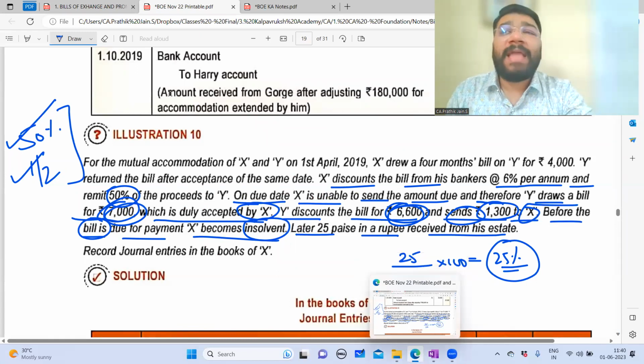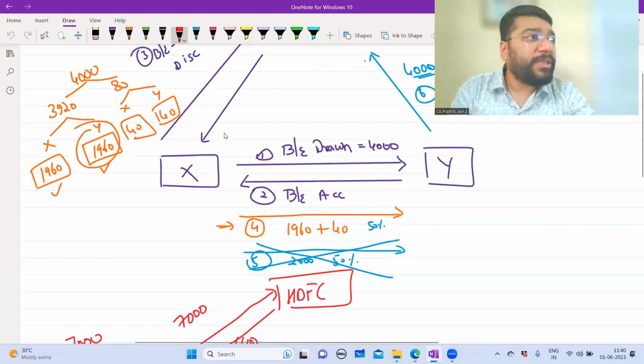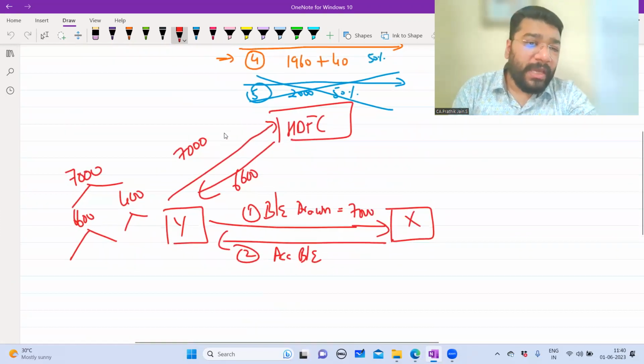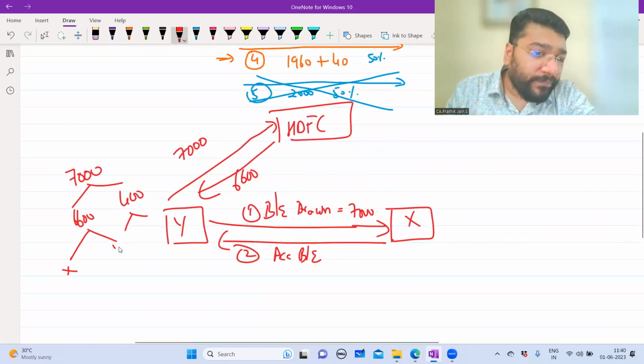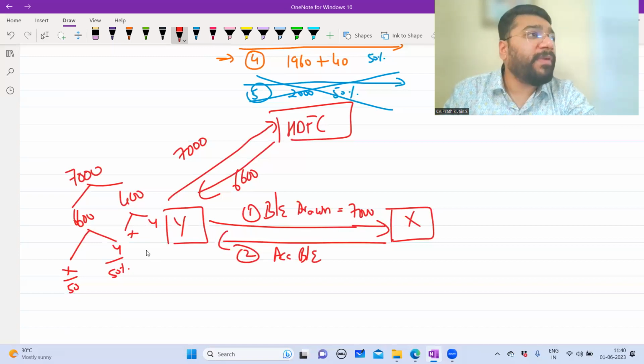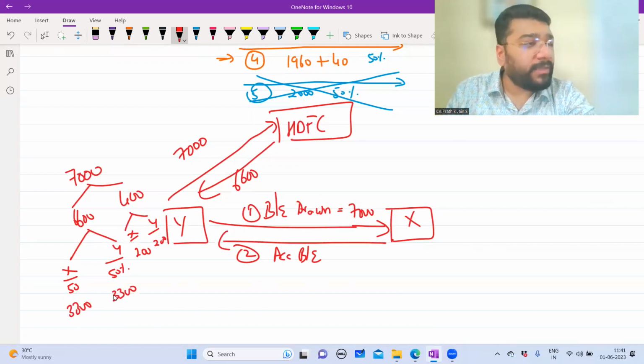If nothing is given, in the absence of information, the ratio in which it was earlier distributed, in the same ratio it has to be distributed. So X will enjoy 50%, Y should enjoy 50%. Same way, charges also, guys. X, Y 50-50 means how much? 200. So X is supposed to receive 3,300. Y is supposed to keep 3,300 with him.